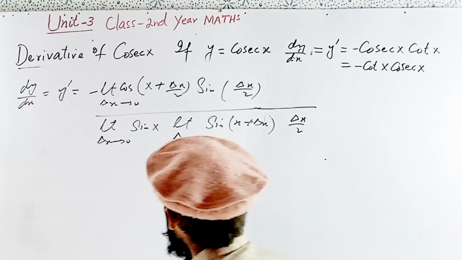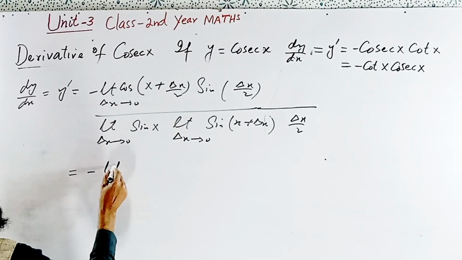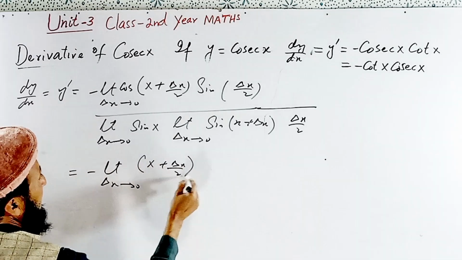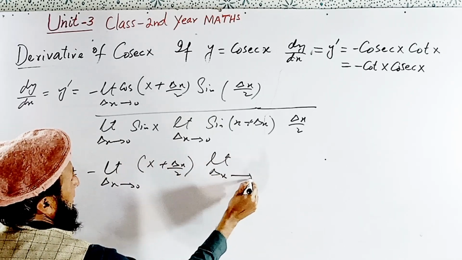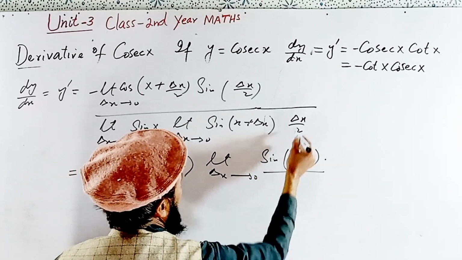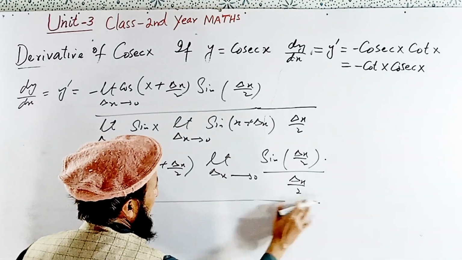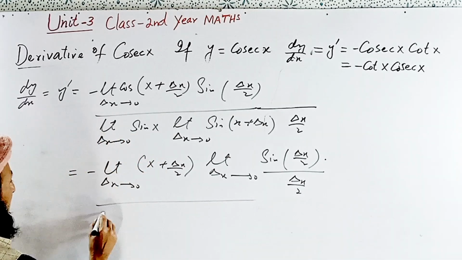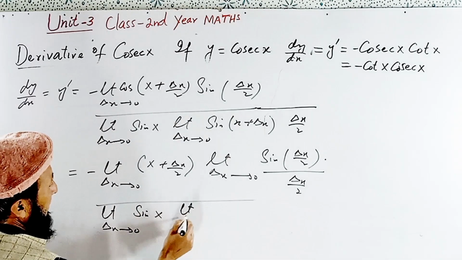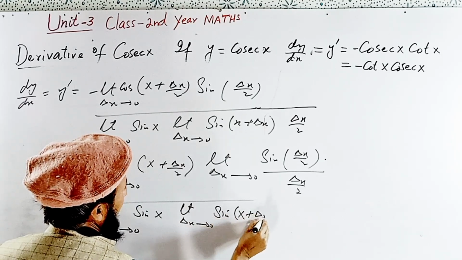Now we apply the limit to each term: minus limit of cos of (2x plus delta x) divided by 2, times limit of sin of delta x divided by 2 over delta x divided by 2, divided by limit of sin x times limit of sin of x plus delta x.